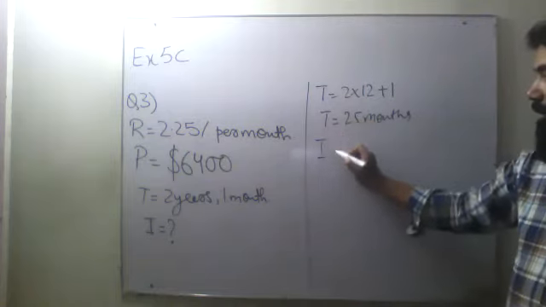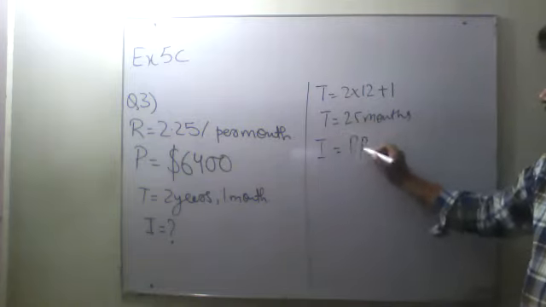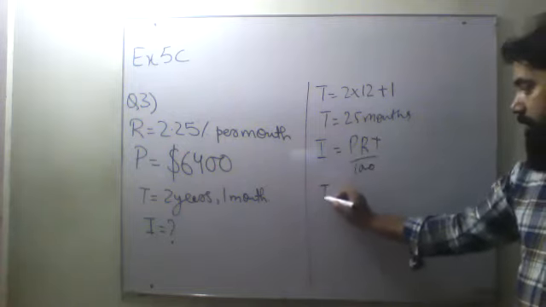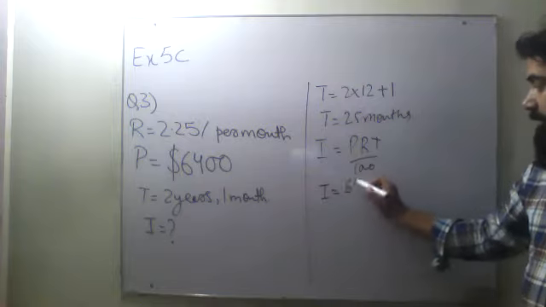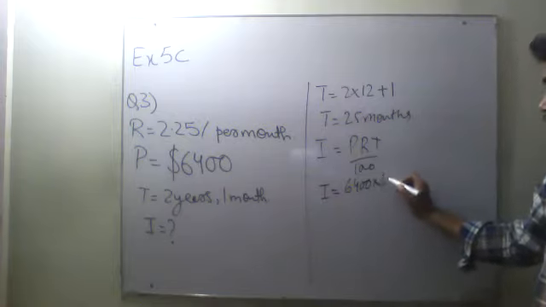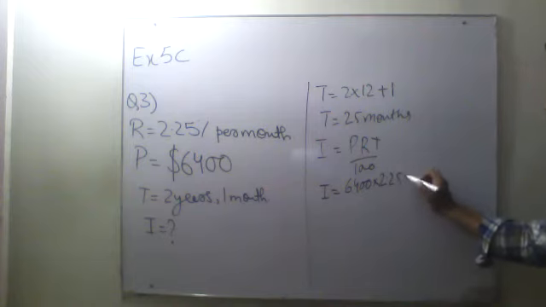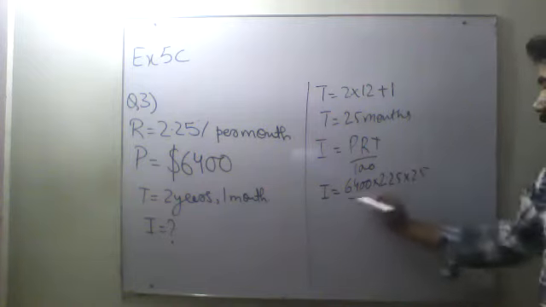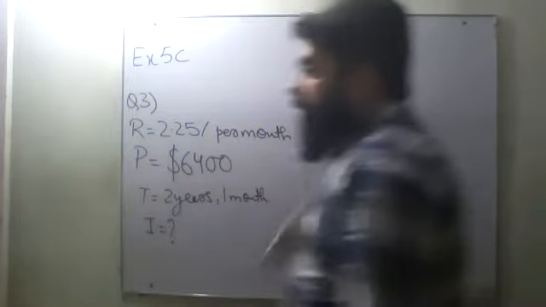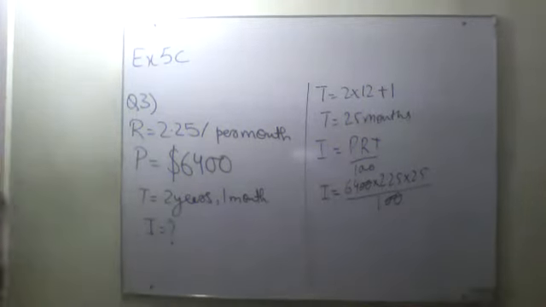So I equals PRT over 100. What's P given? 6400. What is R given? 2.25. What is time given? 25, divided by 100. Okay. These two will be cancelled, right? So 64 into 2.25 multiplied by 25.